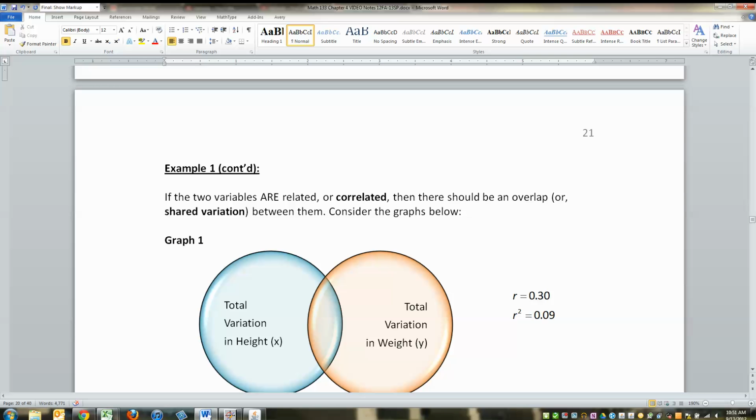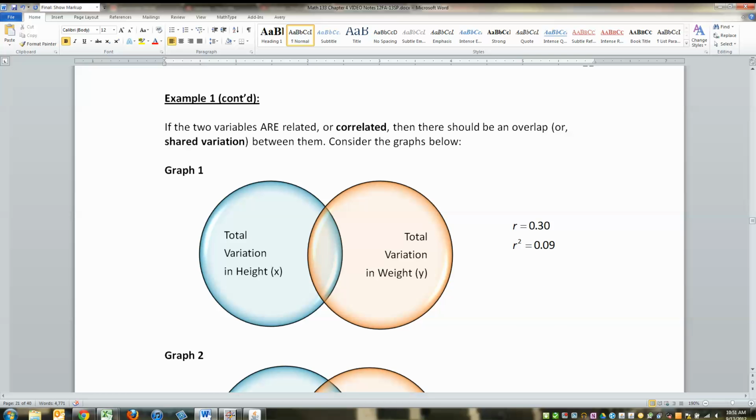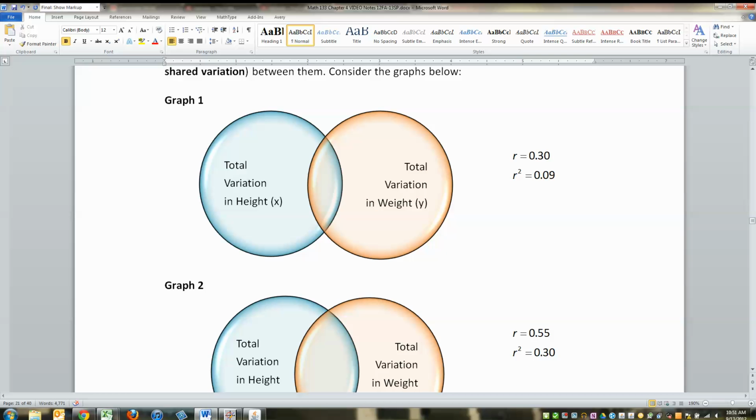If the two variables are related or correlated, then there should be some kind of overlap or shared variation between them. So consider the graphs below. Here's graph 1. I have 0.30 as my R, and so R squared is 0.09, because 0.30 times 0.30 is 0.09. And you can see there's that overlap in there.